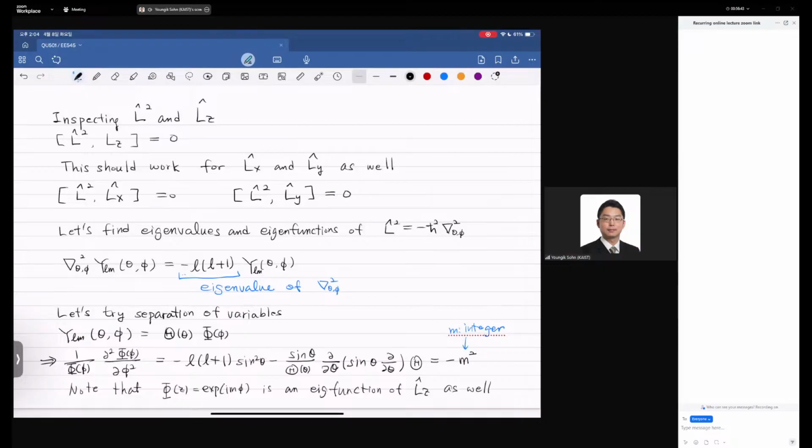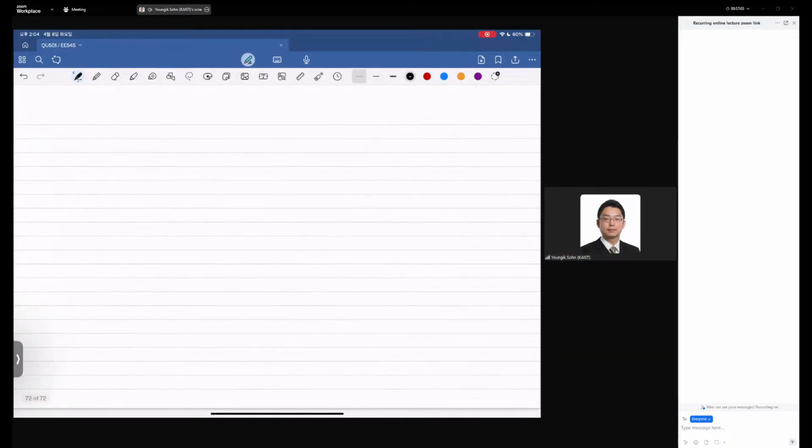So we solved for the phi part. The theta part still remains to be solved, and it's complicated, but the phi part looks easy. The easy part we already have solved: it's exponential i m phi. Next, we will solve for theta.